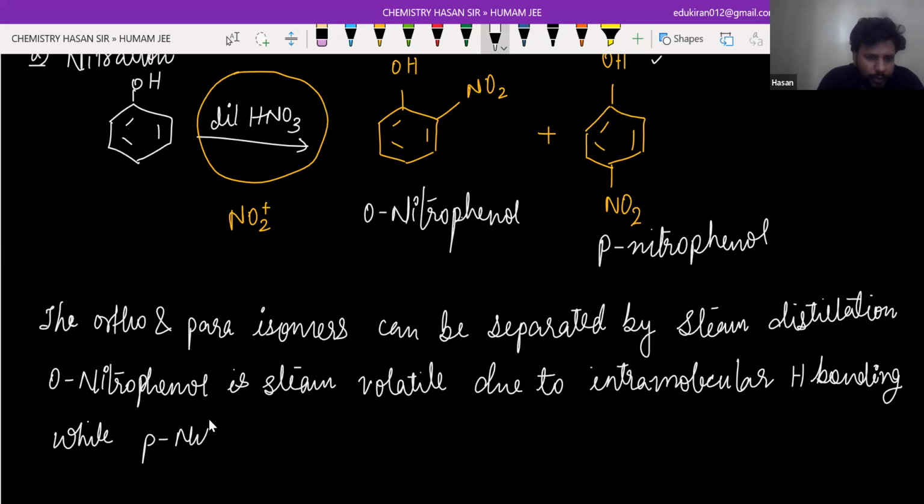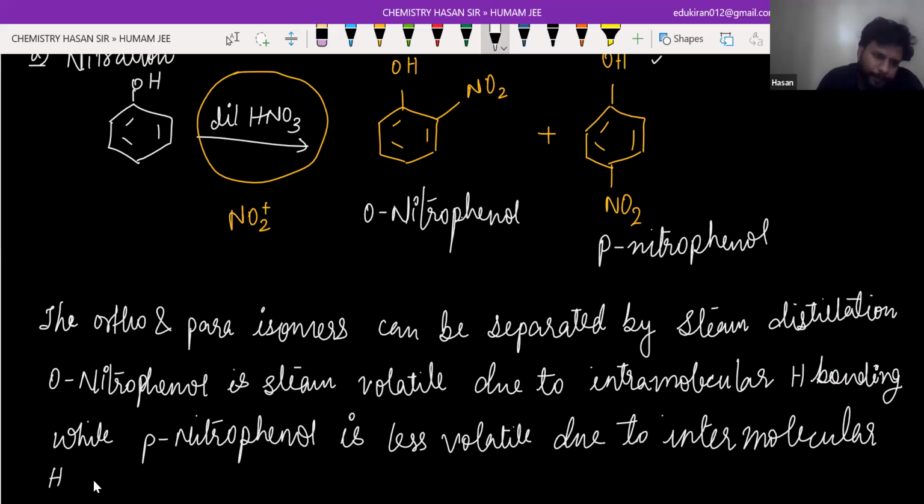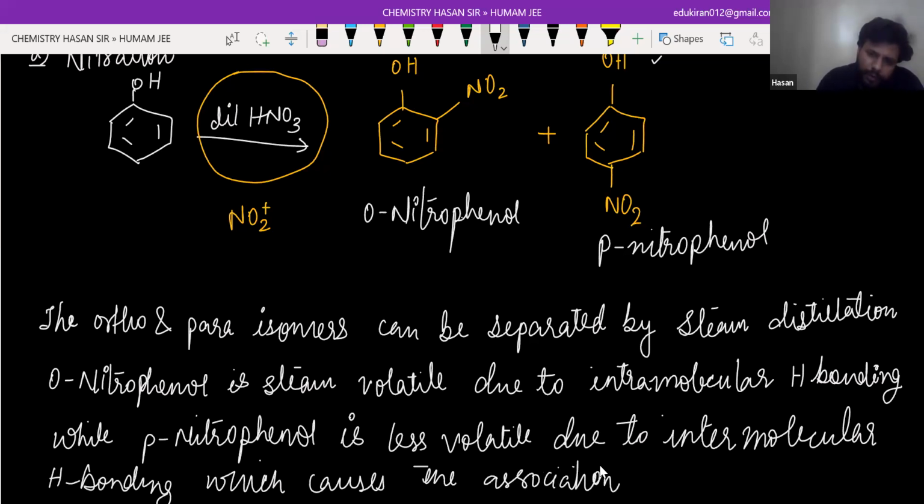Para-nitrophenol is less volatile due to intermolecular H bonding, which causes the association of molecules.